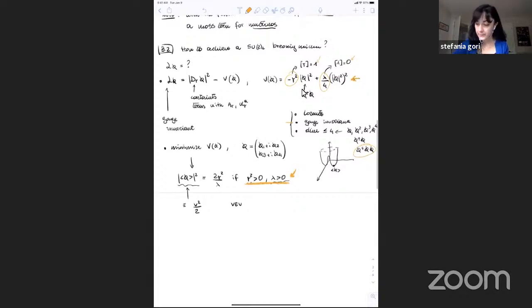So now that we have this, let's discuss the appearance of the Higgs and W and Z particles.